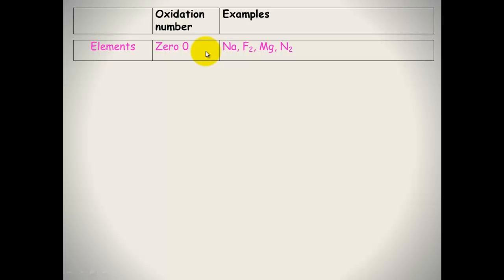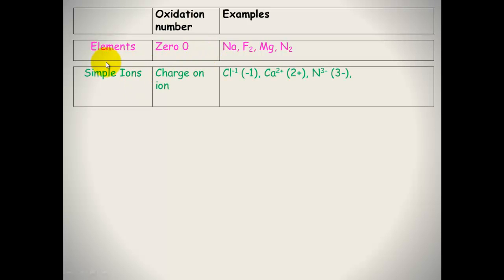First rule, that's easy. The second rule: if it's an ion, so if there's a charge on an ion like Cl minus 1, the oxidation number is equal to the charge on that ion. So you can see here, chloride minus 1, its oxidation number is minus 1. Calcium has a 2 positive charge and its oxidation number is positive 2.